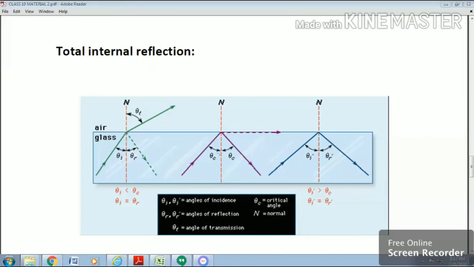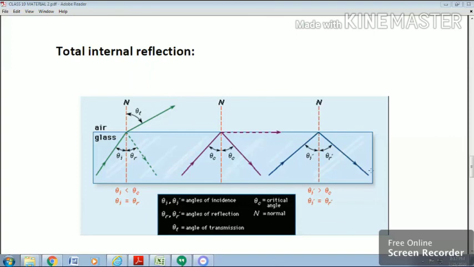That means this is theta C, that is critical angle. Now when we increase the angle more than the critical angle, we get the reflected rays over here and they are reflected back in the same medium. This is the condition for total internal reflection.